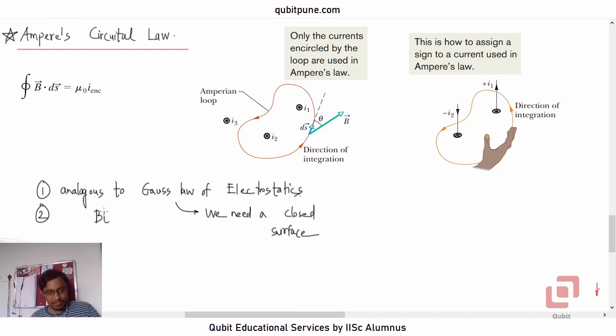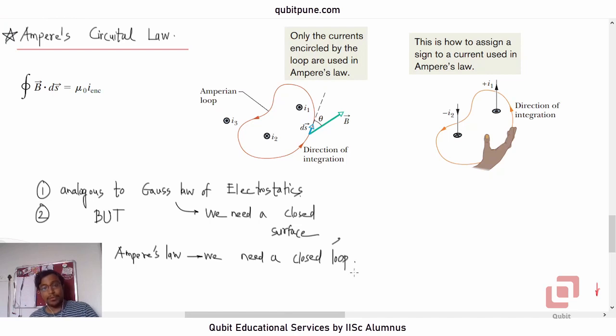In Gauss law we need a closed surface. In Ampere's law, what do we need? We need a closed loop.